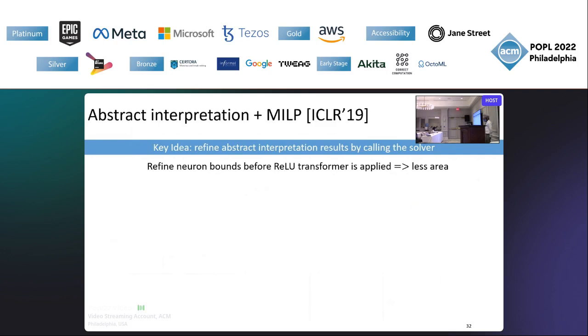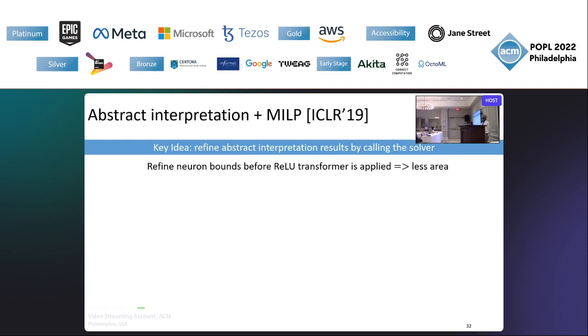So then the next work that we had was at ICLR 2019, where we tried to combine abstract interpretation with mixed integer linear programming. I already showed an example where you can use the results of box analysis to improve the scalability of your methods. Now, the idea here was to use mixed integer linear programming to improve the verification precision, right?